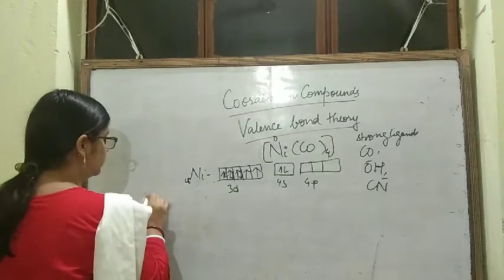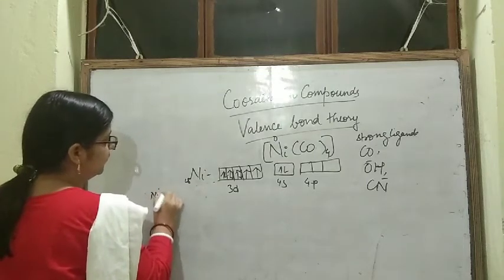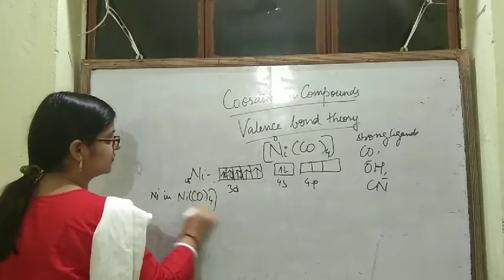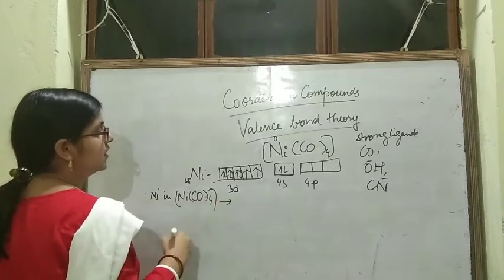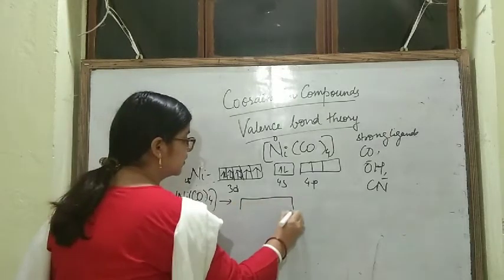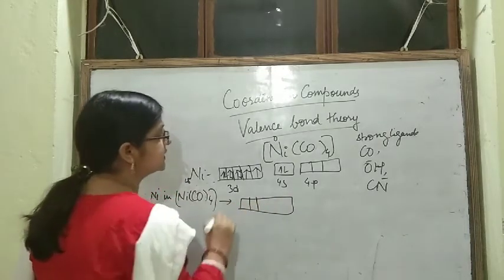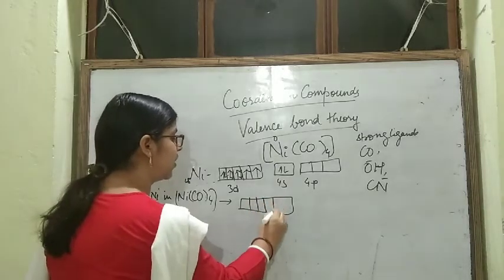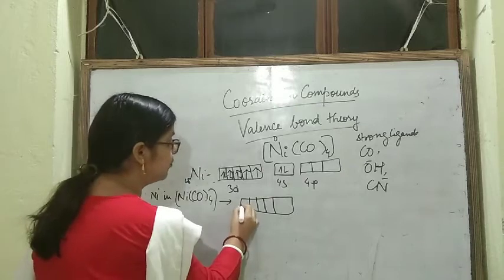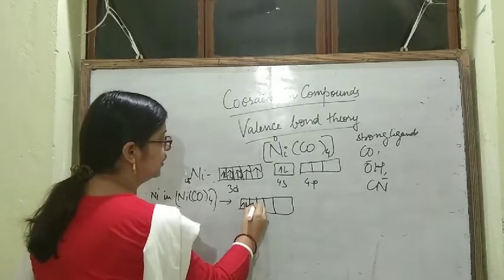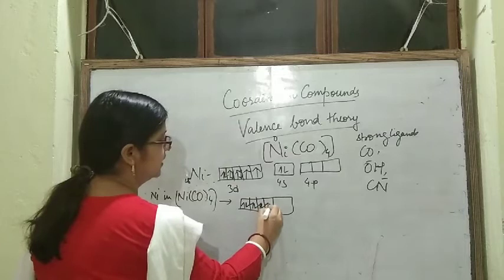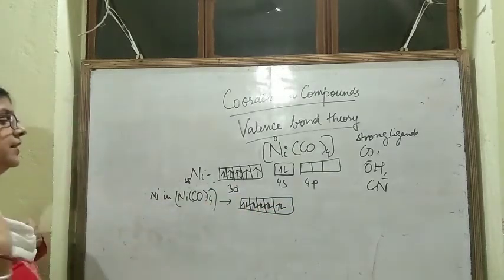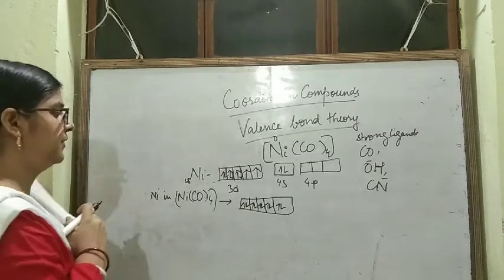Now, nickel in nickel tetracarbonyl: how will the configuration be? Since carbonyl is a strong ligand, it will cause pairing of electrons. This is the most basic thing we have to understand: if there is a strong ligand, then that will cause pairing of electrons.